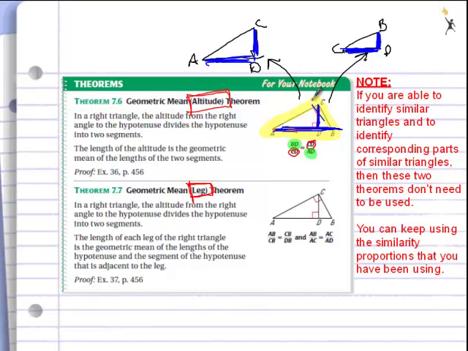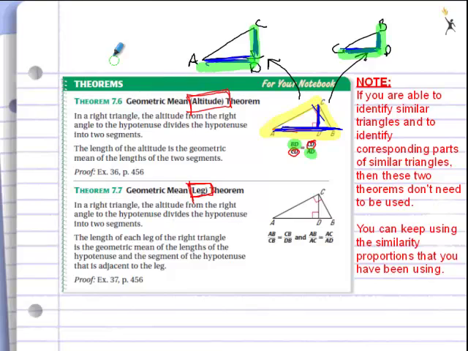Now this is what I want you to see. By drawing the altitude in my largest triangle, what I did was identify corresponding parts in my two smaller triangles. You can use this idea of the altitude breaking up the two triangles into corresponding parts. Notice we have the base, the height, the base, and the height. You can use that instead of redrawing all three, if that helps you.